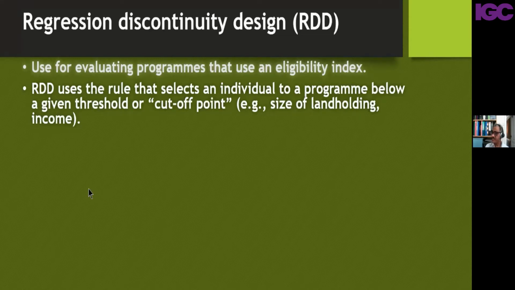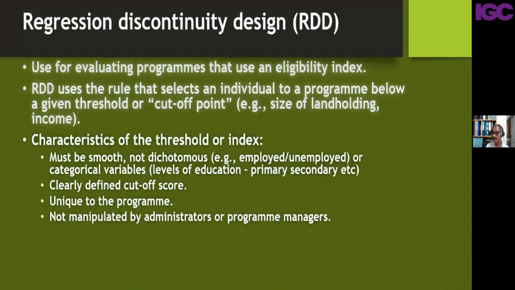Now, in regression discontinuity design, you need to have certain characteristics of this threshold or index if you want to be able to use it. Firstly, this threshold must be a continuous or a smooth variable. That is, it should not be a dichotomous variable. For example, income can be treated as a continuous variable.